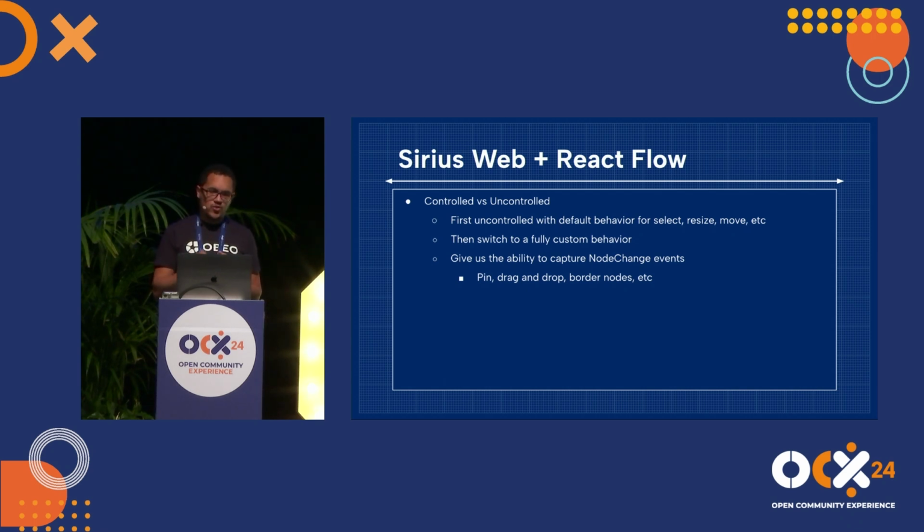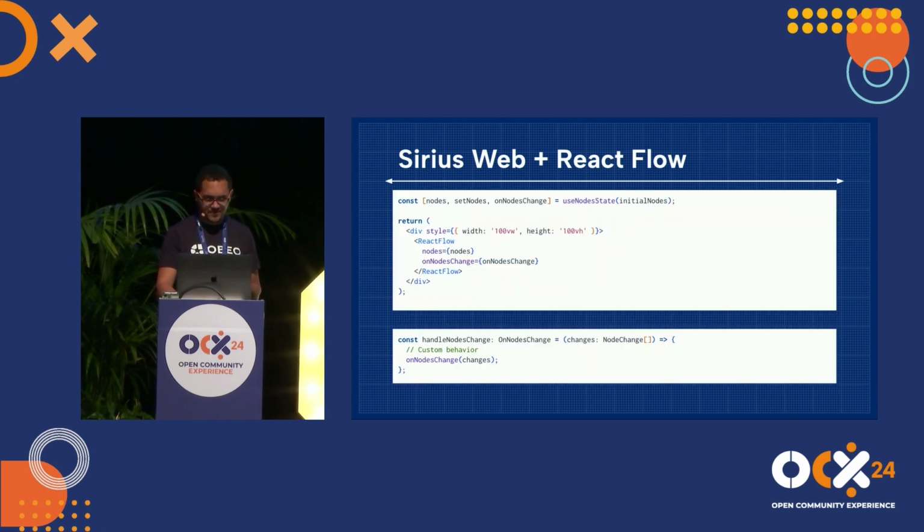Bit by bit, we switched to custom behavior, but we still delegated a couple of core features like resizing or moving to the default behavior. It gave us the ability to provide additional features, drag and drop, support for border nodes, things like that. But it turns out to be the source of a couple of bugs.